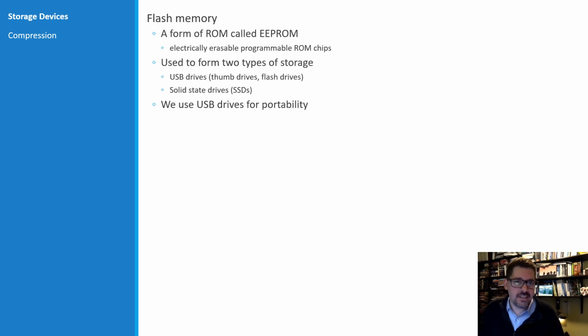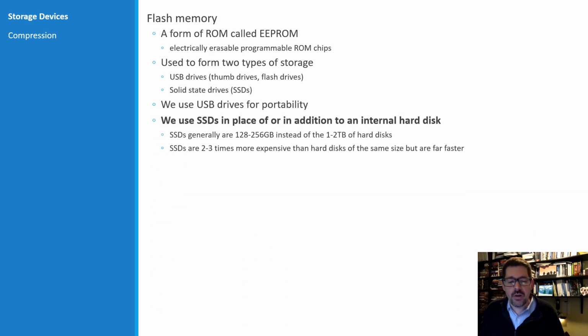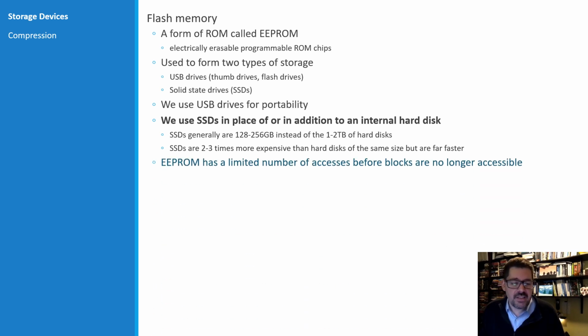So they're not necessarily any more or less reliable than spinning disk, but certainly a whole lot faster because there's no moving parts. You don't have that latency from the spin and from the read heads and so forth. All of that goes away. They're great for portability because they can be very small. So they're small, they're fast. They are a bit more expensive, but for the speed that you get, it's worth it in many cases.